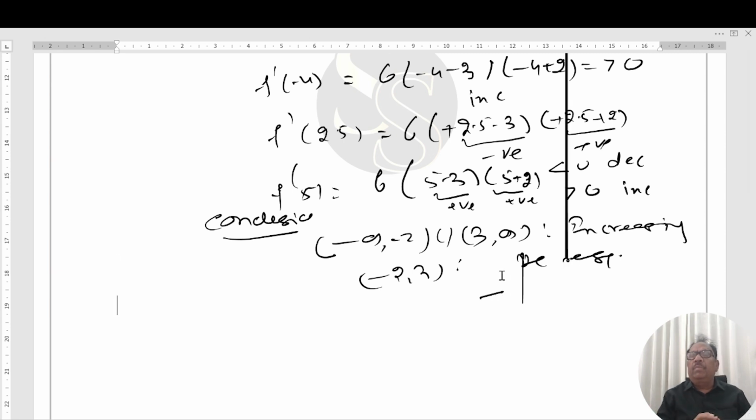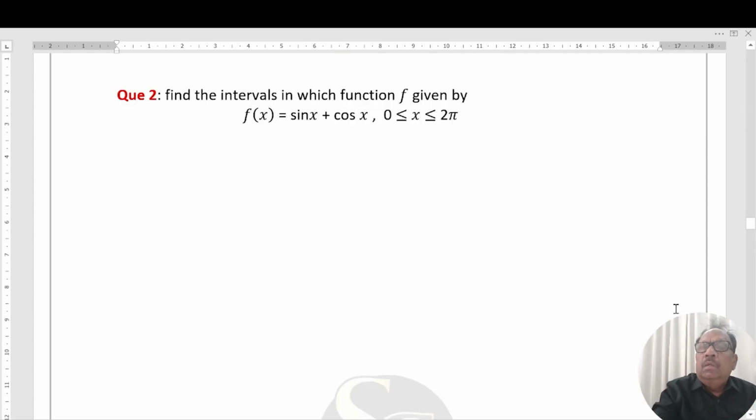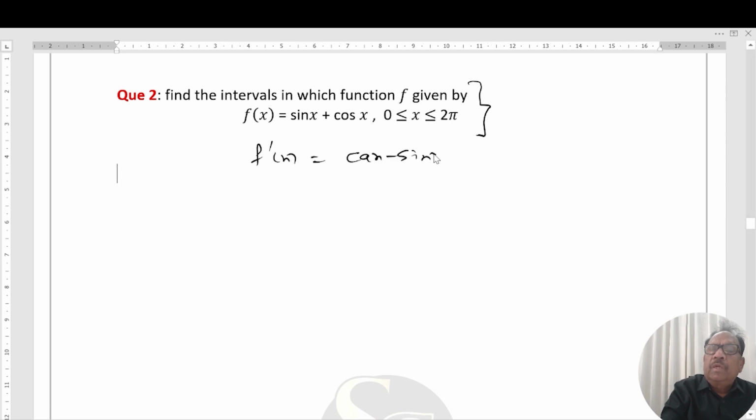Now, the next question will be on trigonometric function. This is f(x). According to the procedure, f dash x equals cos x minus sin x.